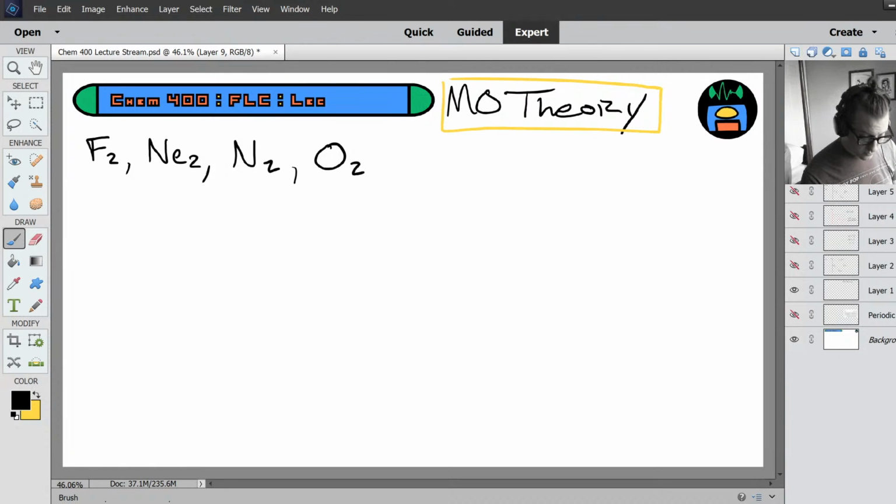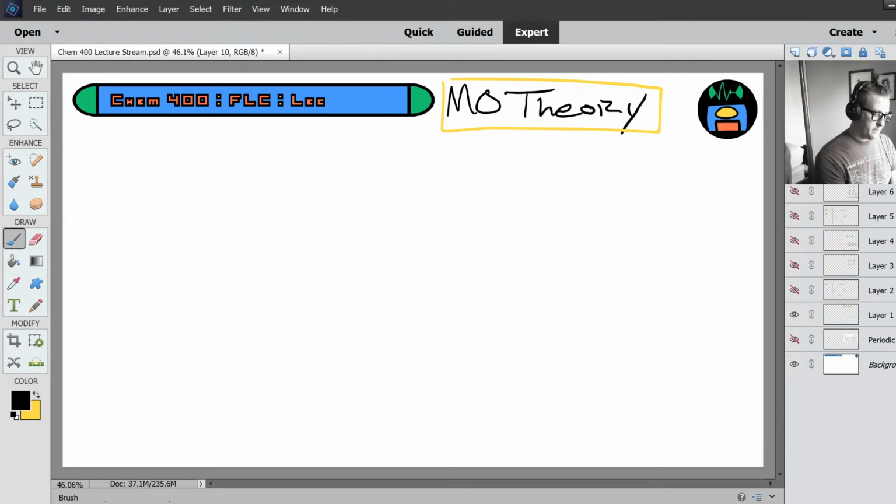Now, next up, we're going to look at F2. But before we do, we need to talk about some mixing. If you look at the electron configuration for fluorine, and here I'm going to draw out the full electron configuration, it's 1s2, 2s2, 2p5.